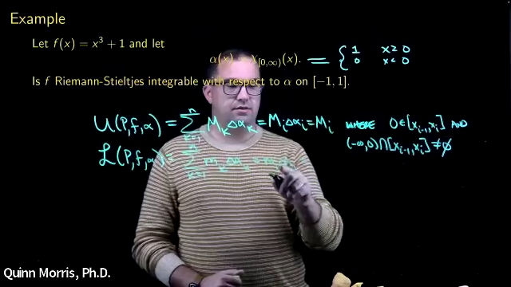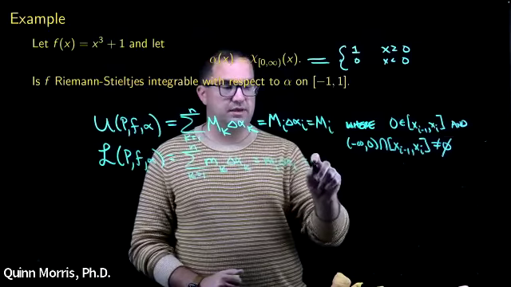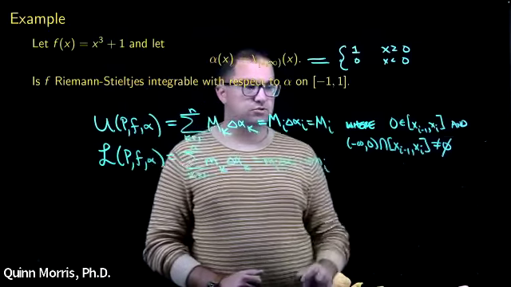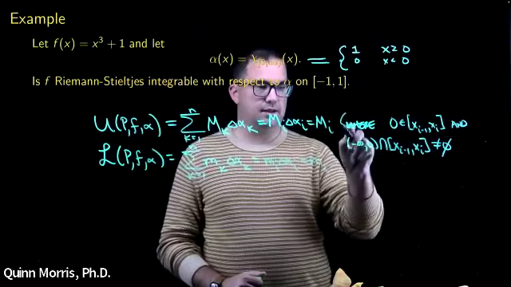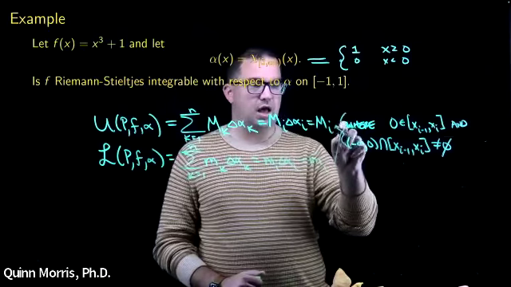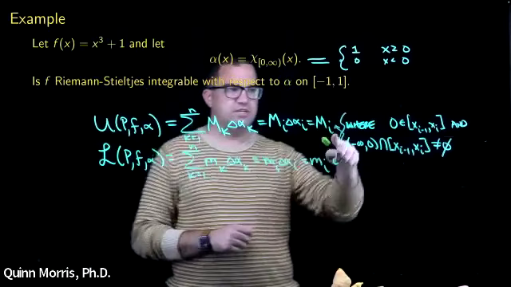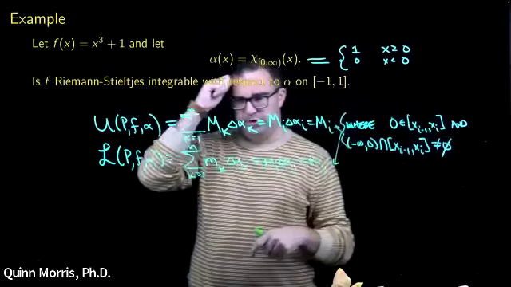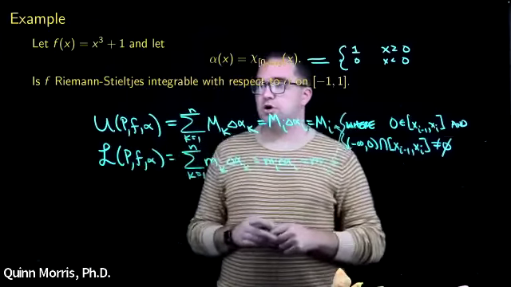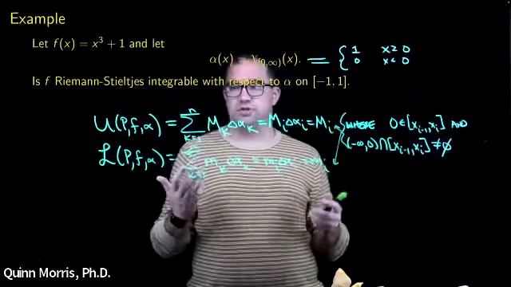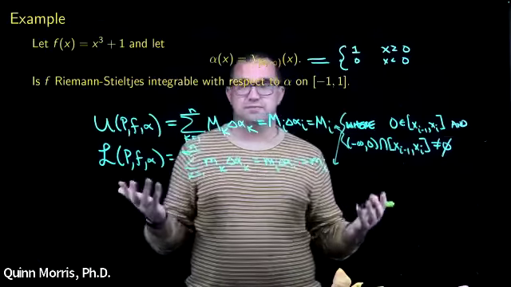And that 1 that's not 0 will just be equal to 1. So this will just be equal to little m sub I, where this I is just telling us which subinterval of the partition satisfies these properties. So it turns out that our upper and lower sums reduce quite substantially.